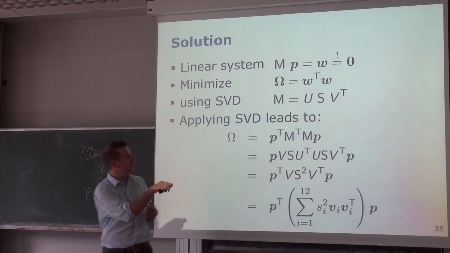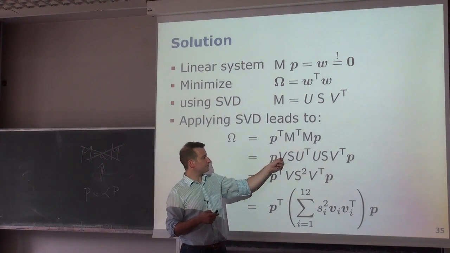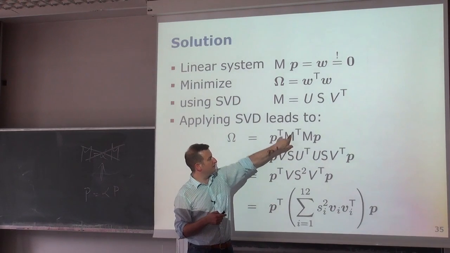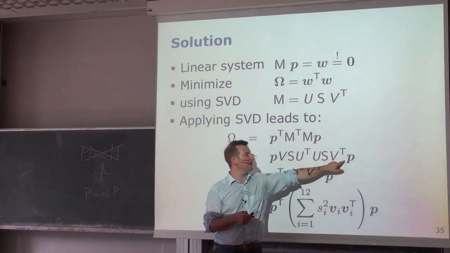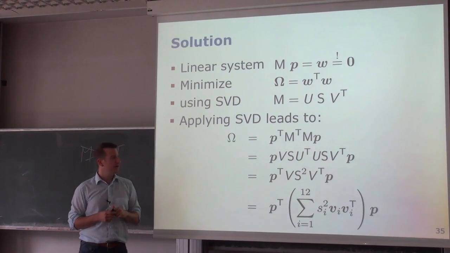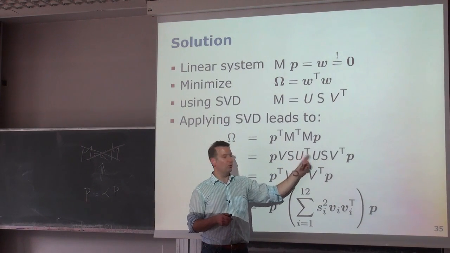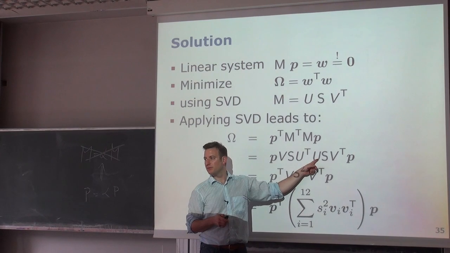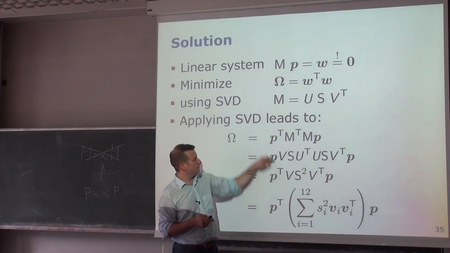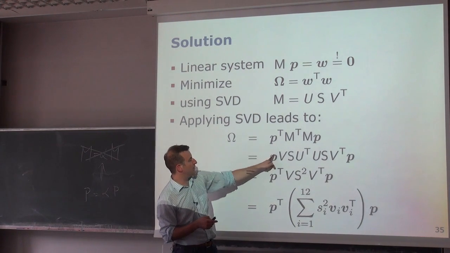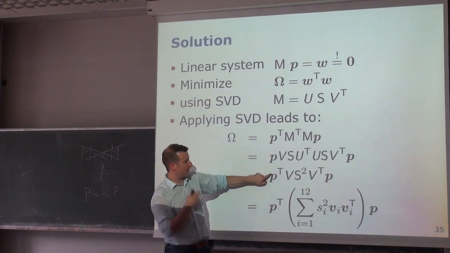Then I use the SVD and decompose the matrix M as well as M transposed, which gives me V S U transpose times U S V transpose times this vector P. And now we had the effect that we said U U transposed was the identity matrix. So this goes away. So what I have is P, I'm missing a transposed here. So there should be a transposed. It's back here on track.